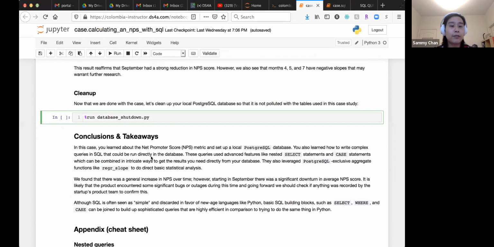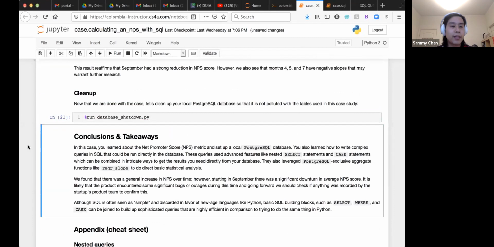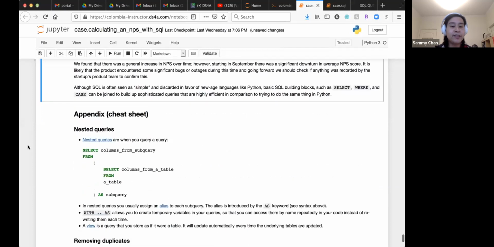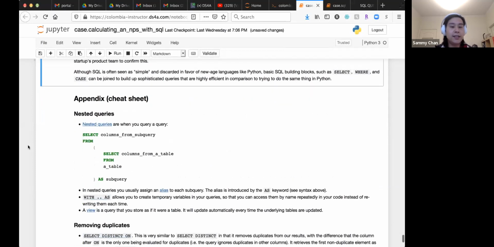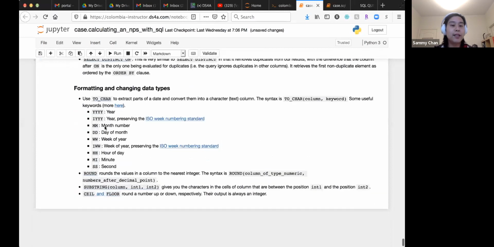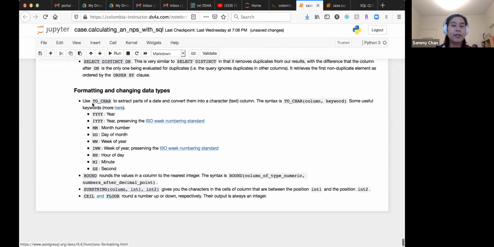Sorry for running a little bit late because of all the various issues that happened. But here's a summary and the cheat sheet on nested queries. We also used a pretty useful function in PostgreSQL, the toChar function.